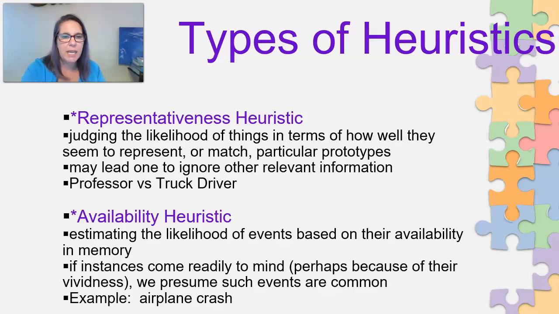Availability heuristic is estimating the likelihood based on their availability in your memory. So if an instance or an event comes to mind, you think that event is more prominent. It's more available.